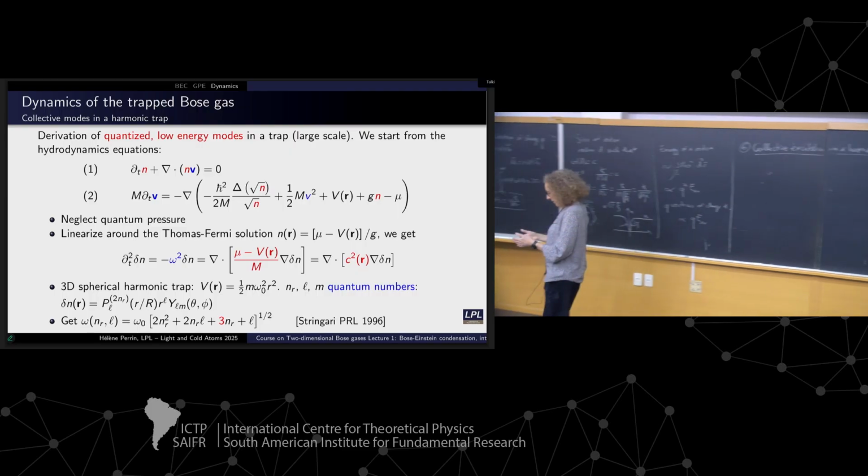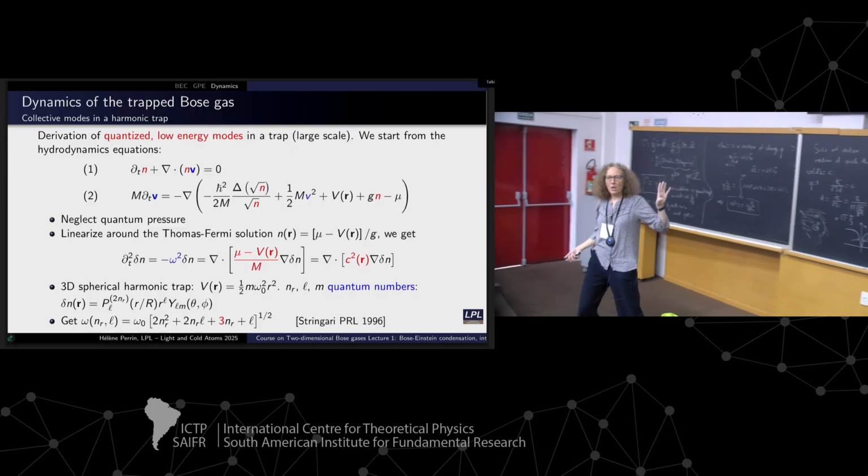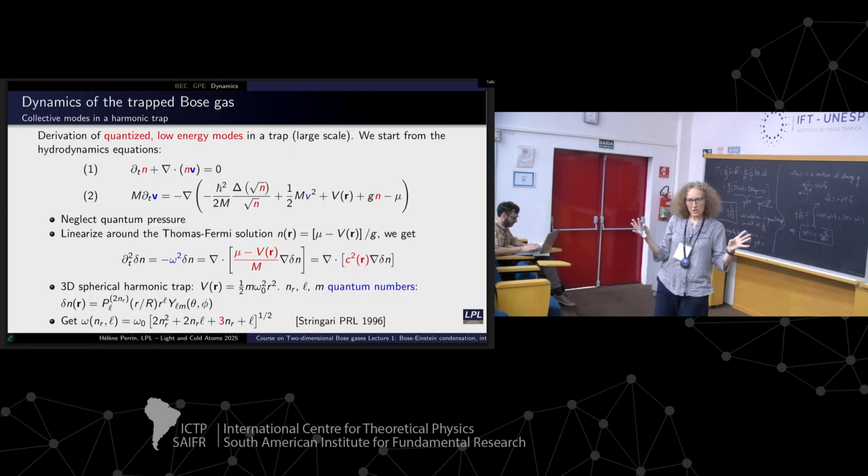And what we do to find them is to neglect the term corresponding to the quantum pressure in the hydrodynamic equation. Because, of course, this one describes very tiny stuff.